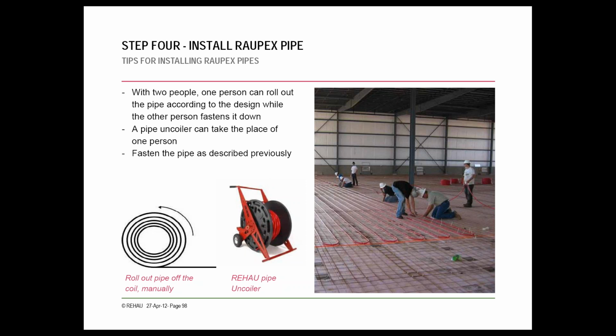So for example, in residential installs, we use a lot of 300-foot loop lengths for circuits, so we sell the pipe in 300-foot loops, which eliminates the necessity for an uncoiler. Not that it wouldn't be helpful, but it makes it a lot easier to handle than when you get into the longer 1,000-foot plus loops. An uncoiler can definitely be handy, I should say. Sorry.